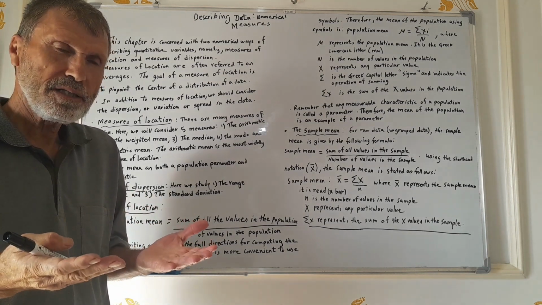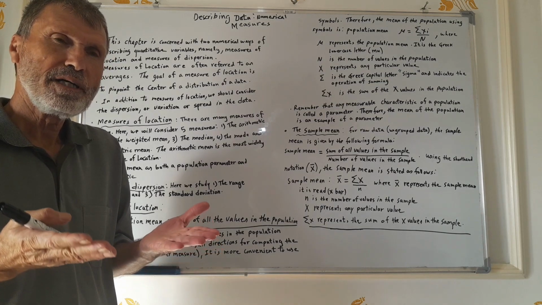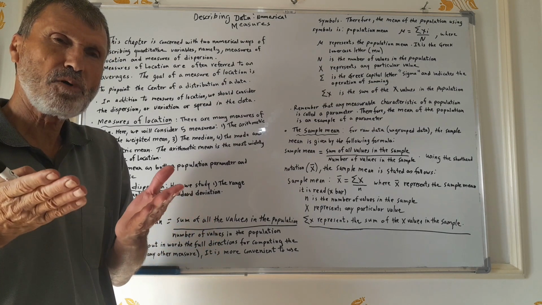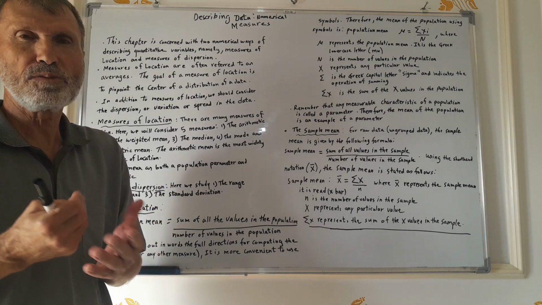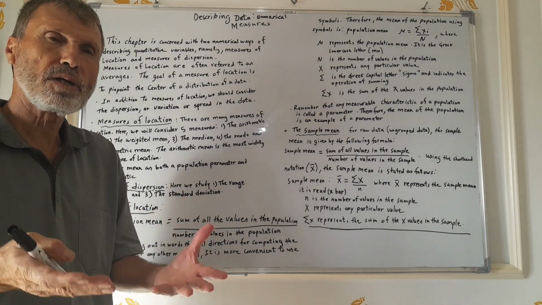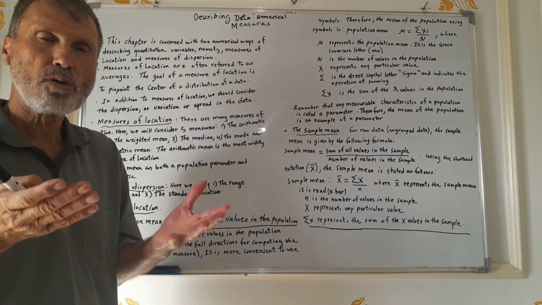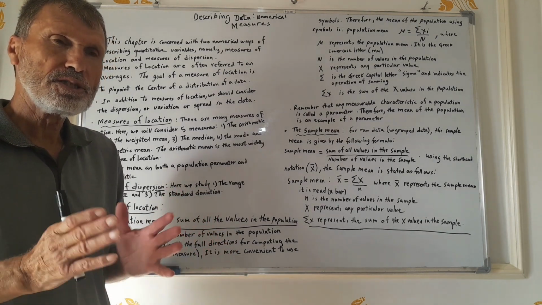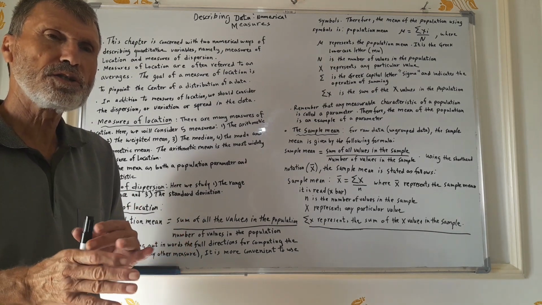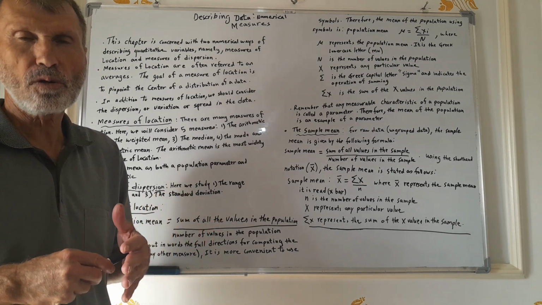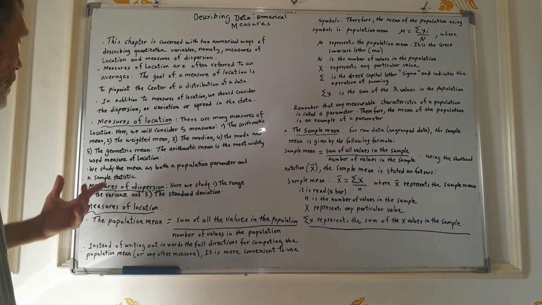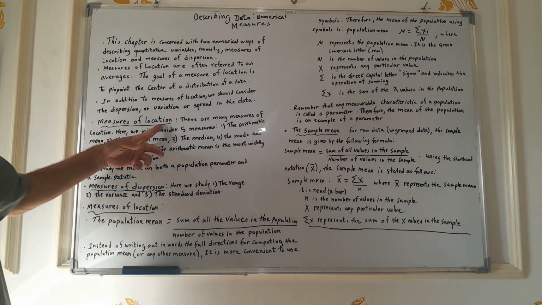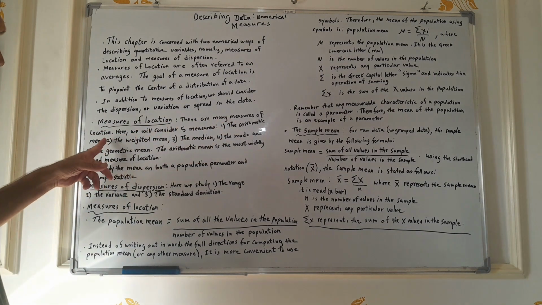So this is why we have to investigate the measures of dispersion whenever we want to come up with the right conclusions. As we saw in this example, just focusing upon the measures of location, you might come up with the wrong conclusions. There are many measures of location.